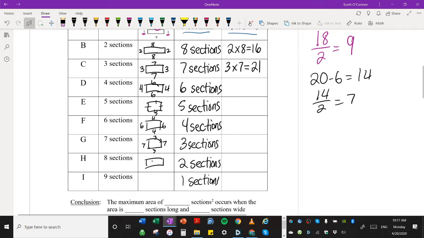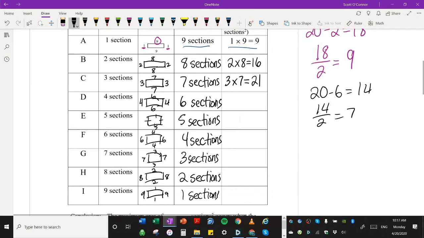And then another one here, which is 8, 2, 2, 8. And then this should look familiar because it's the same one that we started with over here. In fact, all of these from F to I are duplicates, right? We just switched the length and the width.